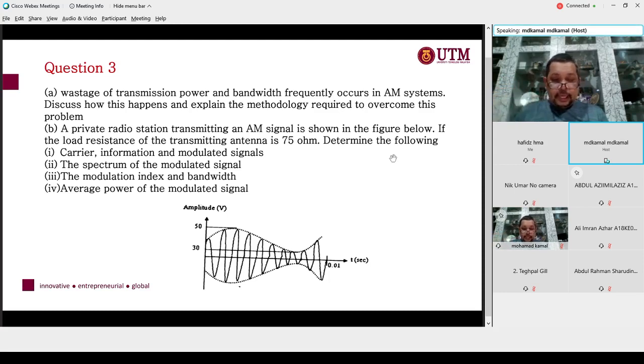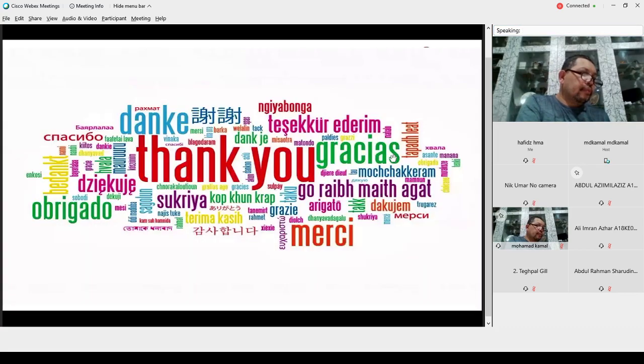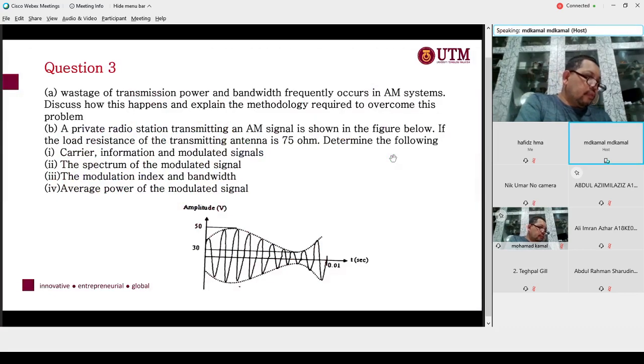Assume the resistance at the transmitter AM is 1 ohm. Determine the signal equation of the AM. The question is asking you to find the modulated signal from this.